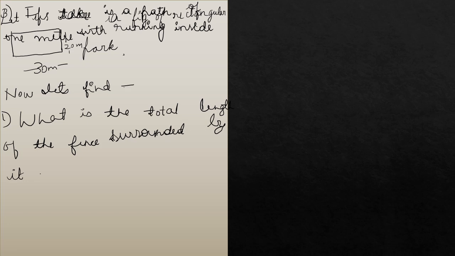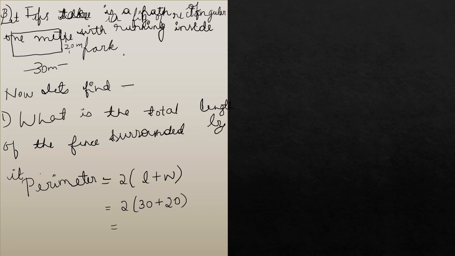Perimeter is equal to 2 into length plus width. Length is 30 plus 20. 2 into 50 is equal to 100 meter.